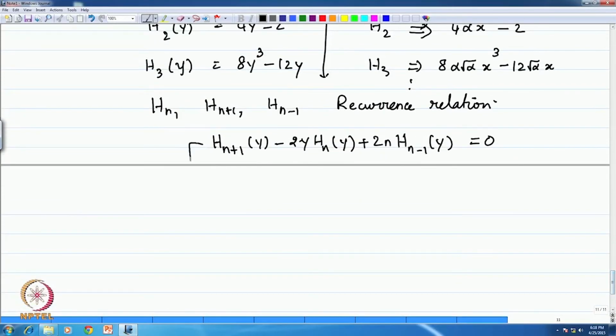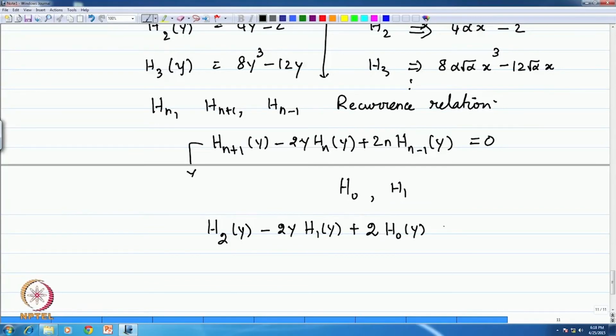What this tells you is that to obtain the Hermite polynomials for larger values of n, you can use the Hermite polynomials for smaller values. For example, if you know H0 and H1, then you can calculate H2 of y minus 2y H1 of y plus 2, since n is 1, this is 2, H0 of y, that is equal to 0, and this is 1, and H1 of y is known to us as 2y.